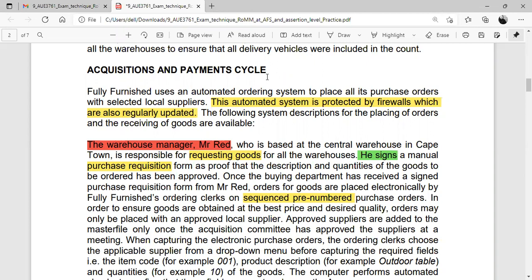So can you mention the sequence, the pre-numbered purchase orders? Absolutely, that's a control. And then how do you test that control? You can perform sequence checks in order to ensure that there's no missing request purchase order. Absolutely. You have identified a control and you have given me a test of control.